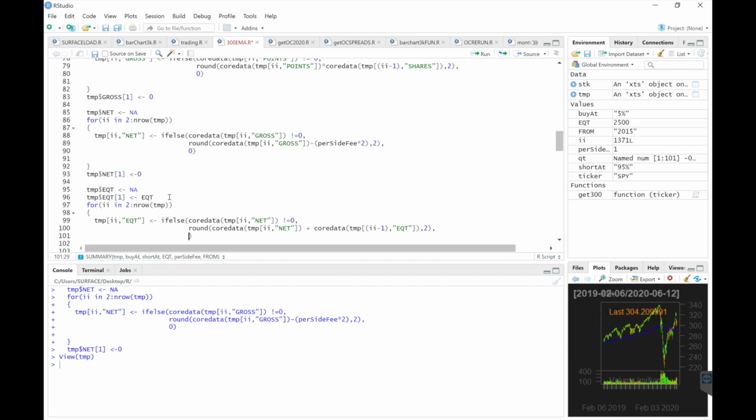Otherwise, return core data, temp, iterator minus 1, equity.